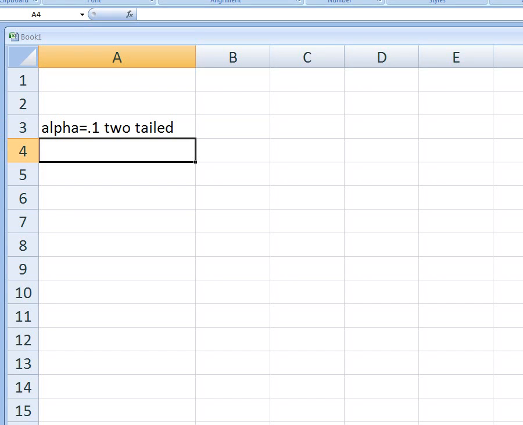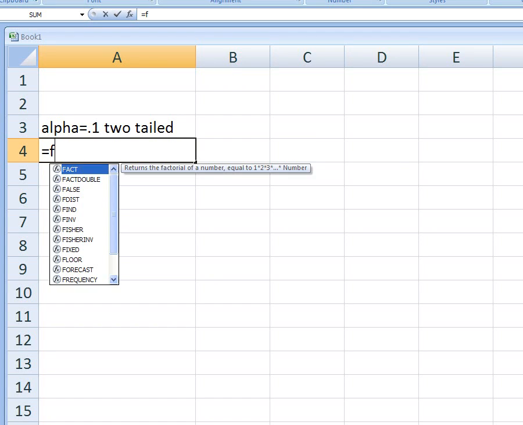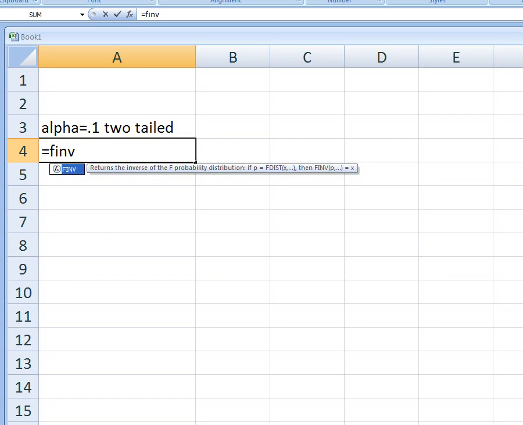How can we find those values if we don't want to use a table or we don't have a table? We can use a function in Excel called FINV. So you can type equals FINV. Excel helpfully says, though this is probably too small for you to see at home, that this returns the inverse of the F probability distribution.